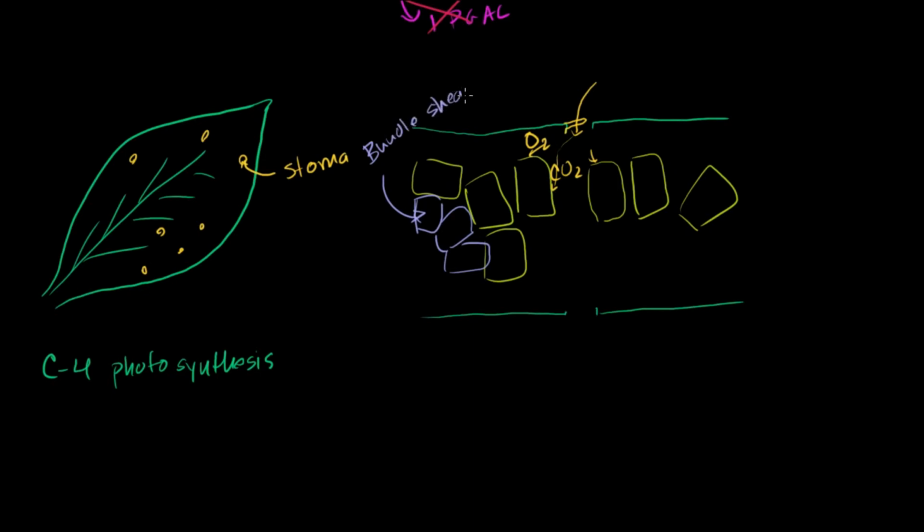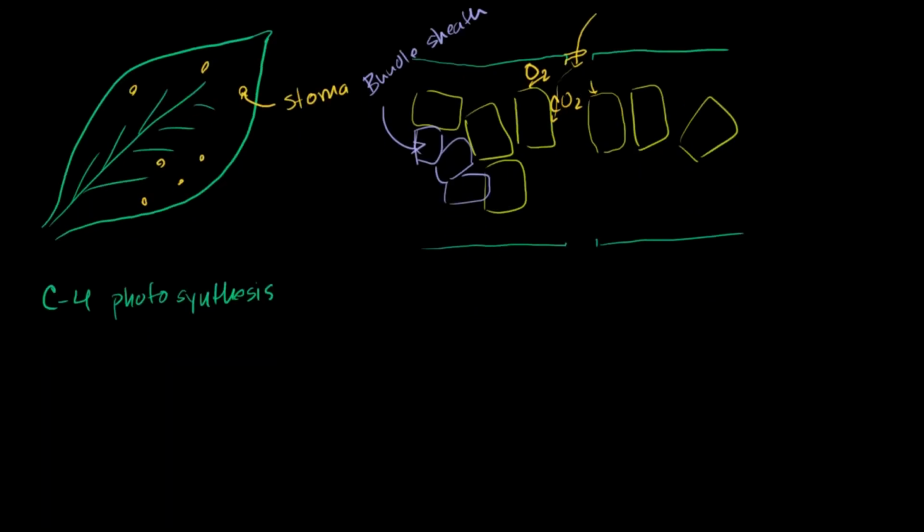What these plants do is, the carbon dioxide comes in. In the standard Calvin cycle, everything happens in the mesophyll cells, and you have to deal with photorespiration. In C4 plants, what happens is that the carbon dioxide comes in.